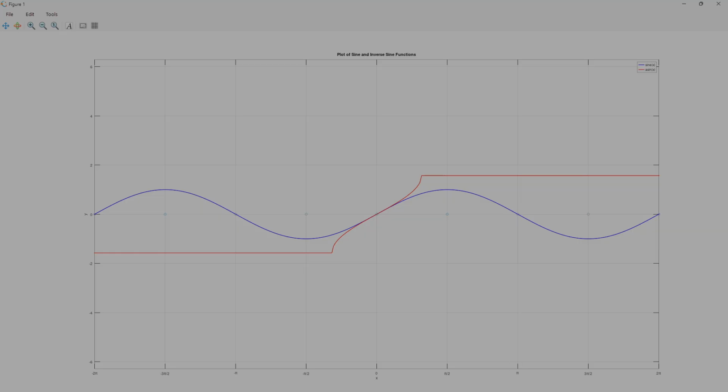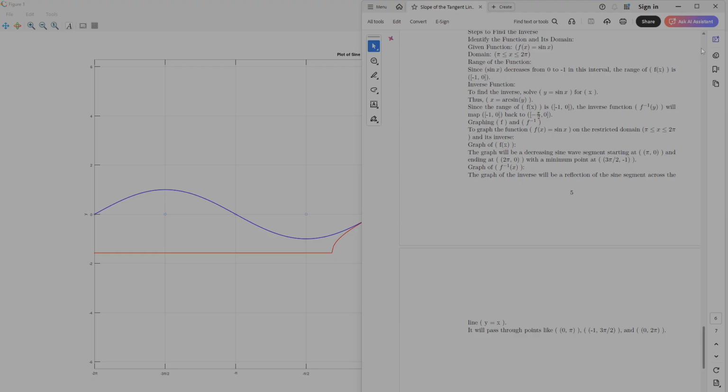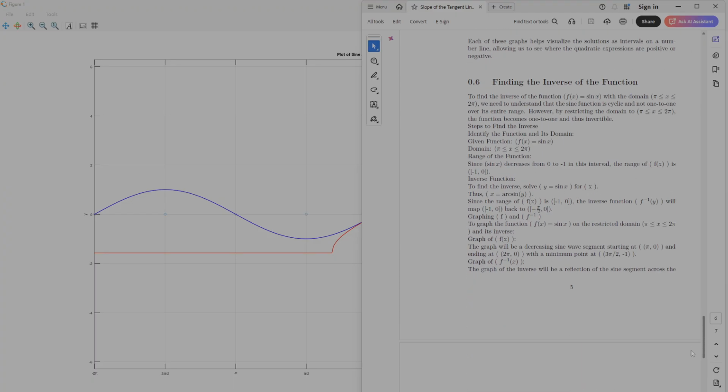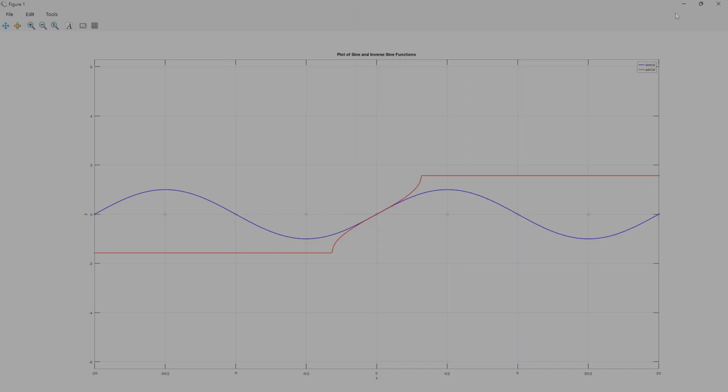So we were doing between pi and 2 pi. It decreases from 0 to -1, so the x goes from pi to 2 pi, and then the y goes from 0 to -1. So this is how it looks. The function sine is decreasing, and then your inverse looks like this.